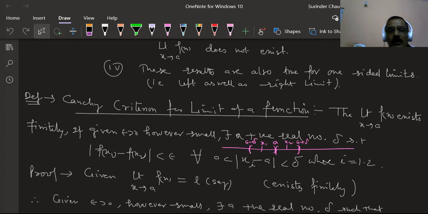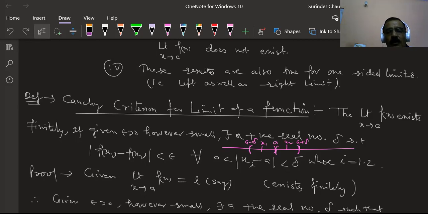Even then, if the difference of the function values f(x1) minus f(x2) is less than epsilon, this implies the limit of the function exists, and it is finite.